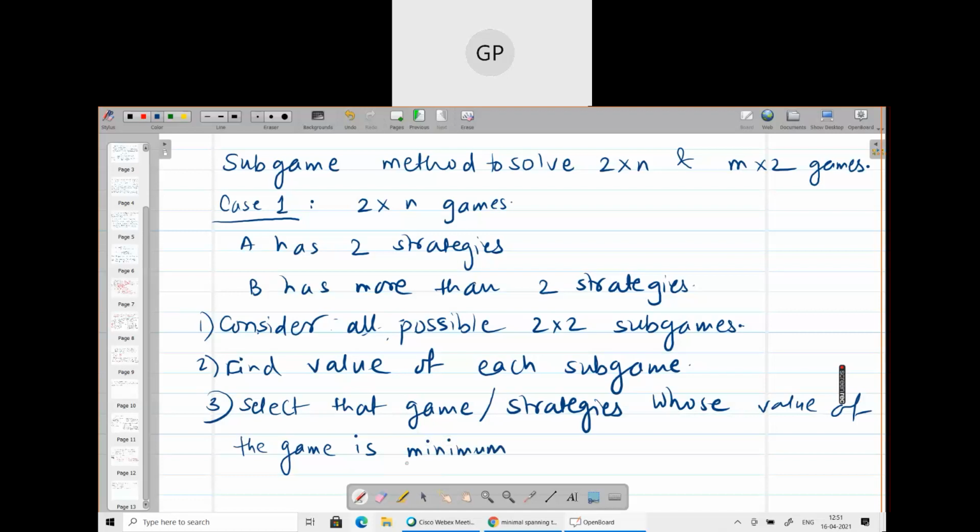Why do we consider minimum? Because B has more strategies. Please remember this. This is to be done only for 2 x n games, case 1.